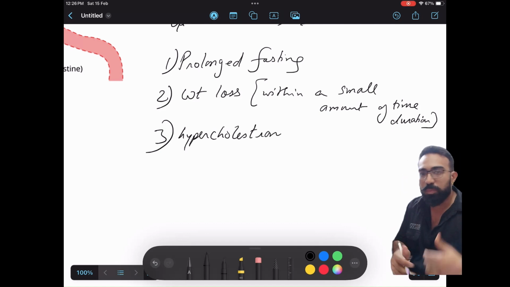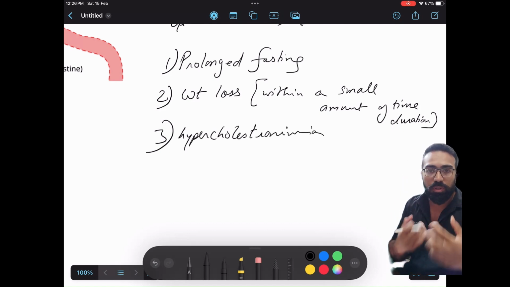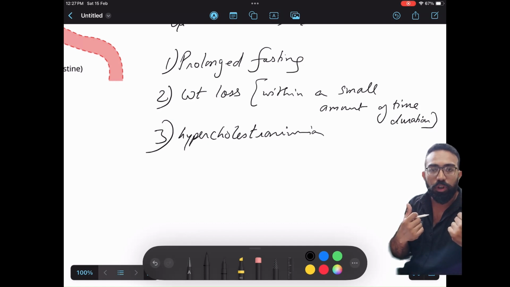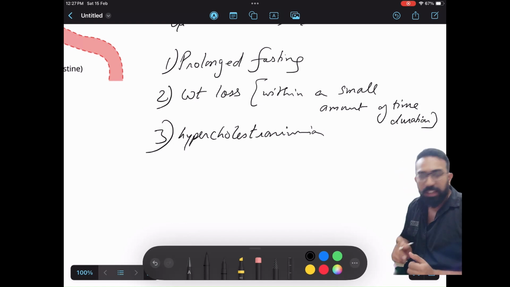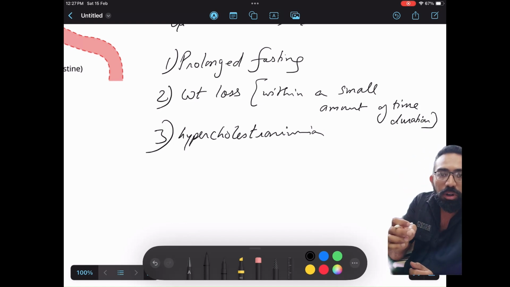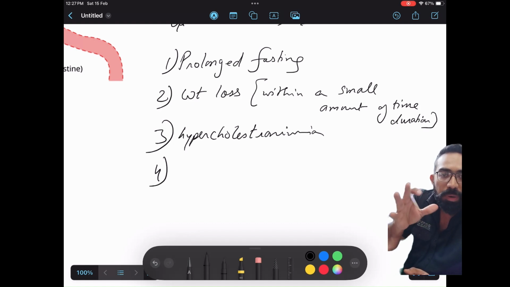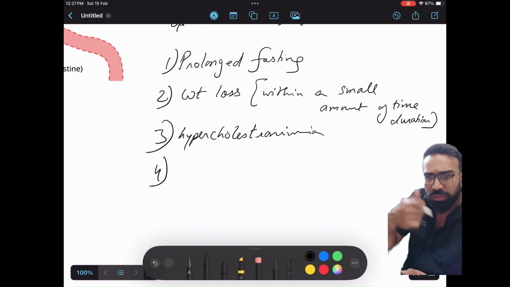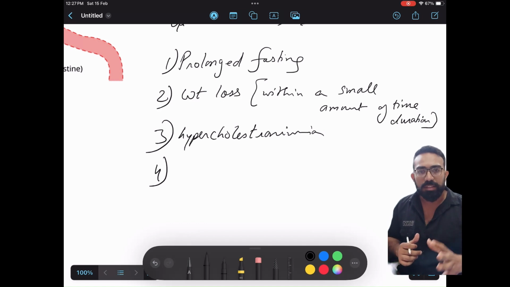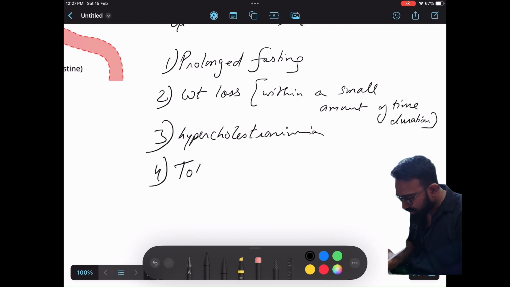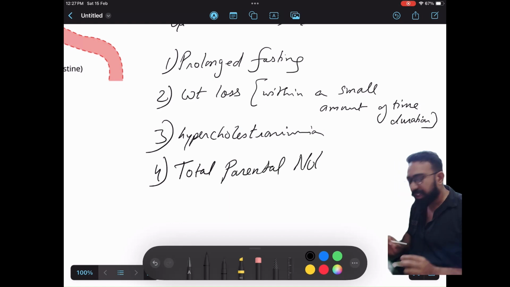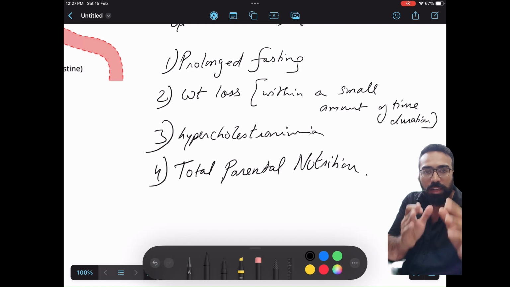Wherever more cholesterol is going into the bile, there are more chances of forming cholesterol gallstones. Another thing, where the body does not need to produce bile, the bile keeps getting stored and stored in the gallbladder. That is when the patient is on total parenteral nutrition. Now, these are the states which predispose to the formation of gallstones.